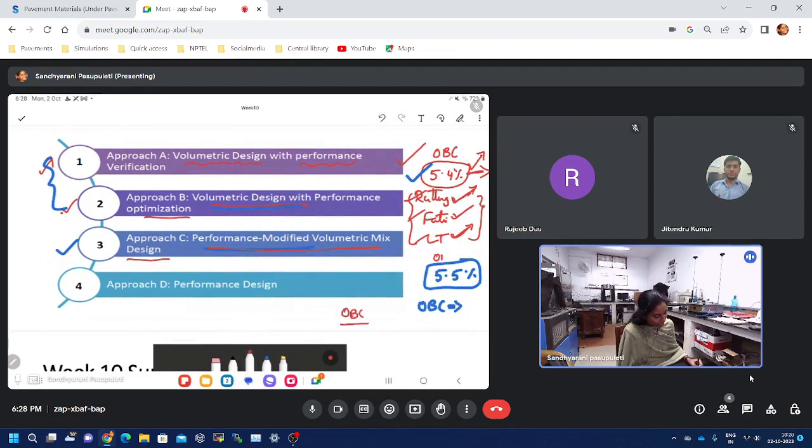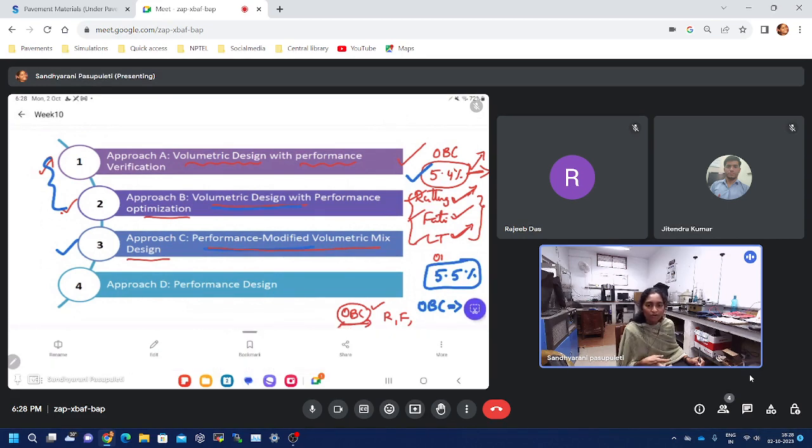Whenever these binder contents are able to resist rutting, fatigue and other distresses, that OBC we will finalize. And at that OBC again we will prepare the specimens and check for moisture damage, whether at this OBC my mix is able to resist the moisture damage or not. If it can resist, then we need to confirm whether there is any volumetric requirement, let us say VMA minimum.